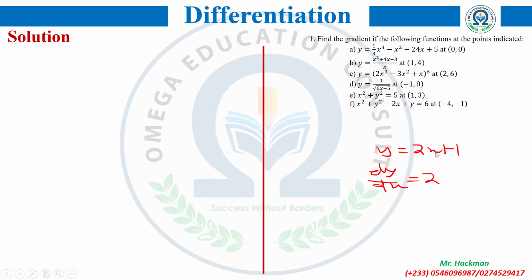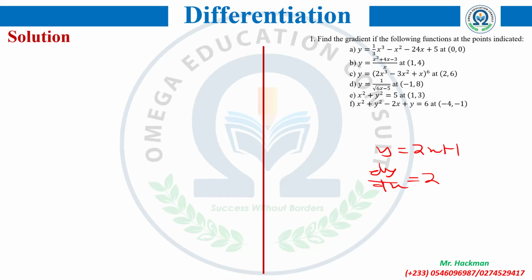But if it is any curve, any function of degree more than 1, when you differentiate, you get your differential function, which is your gradient function, in terms of x. So your first derivative will give you the general gradient.